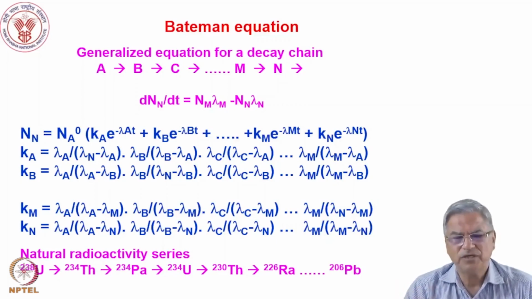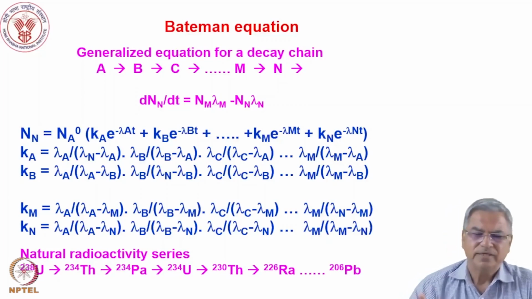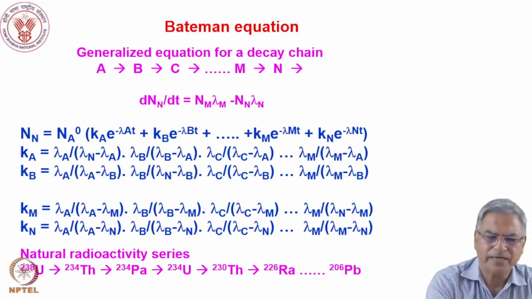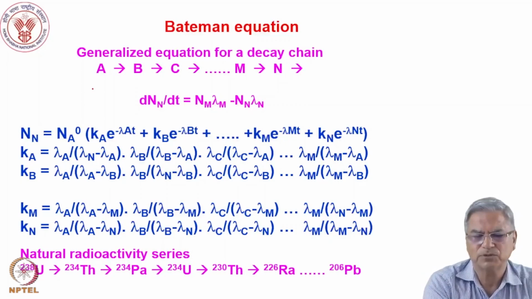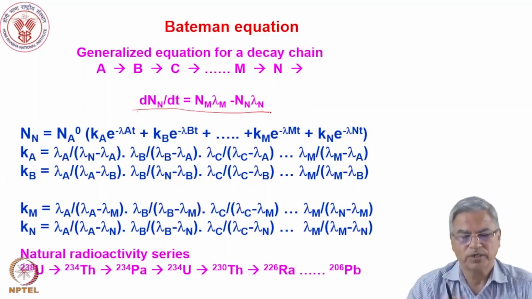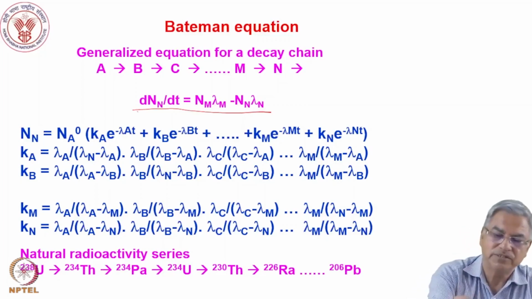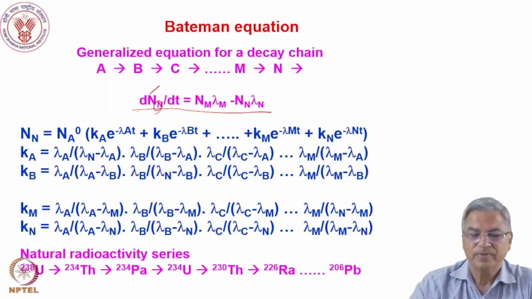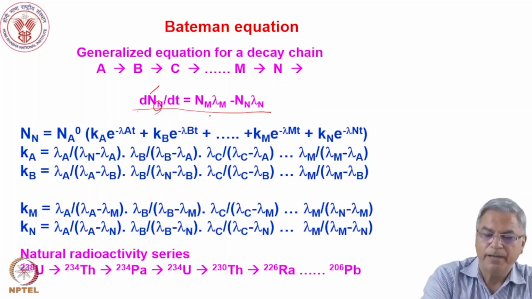The generalized equation for a decay chain, where the parent isotope A decays by subsequent decay to B, C, and so on to M, N, can be written for the nth daughter product as dNn upon dt equals Nm lambda m, that is the growth part, minus Nn lambda n, that is the decay part.